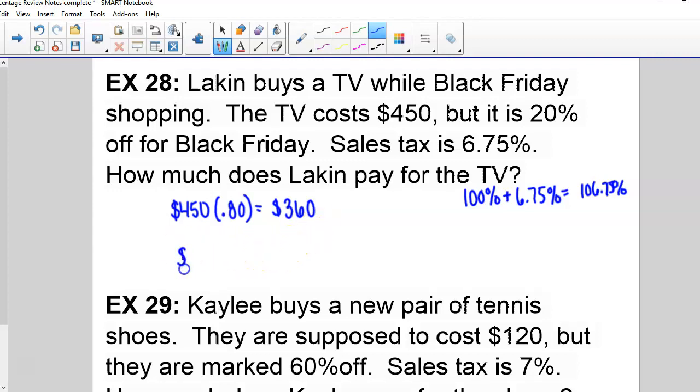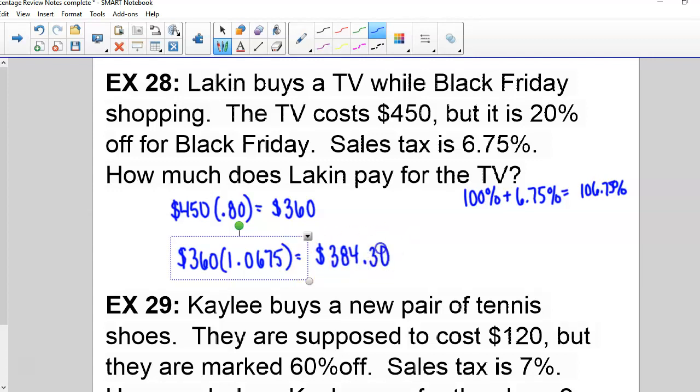So we take our 360 and multiply by 1.0675. And whenever we do that, we get 384.3. Since this is money, I'm going to slap a 0 on the end there so that it looks right. Okay, questions?